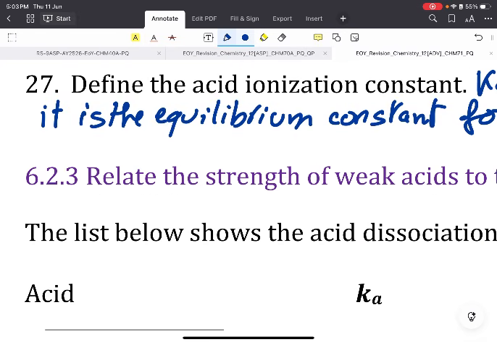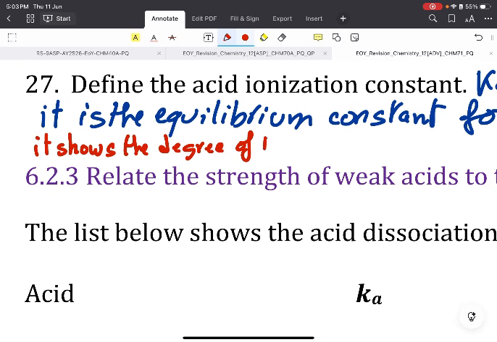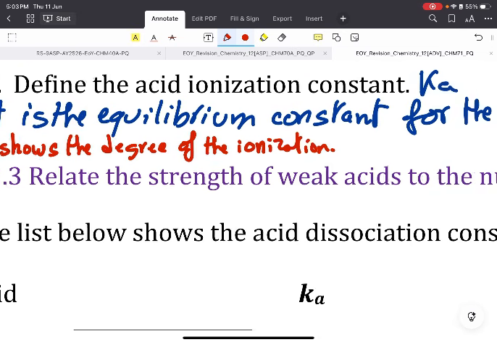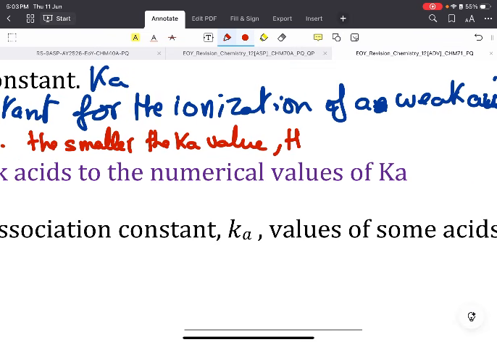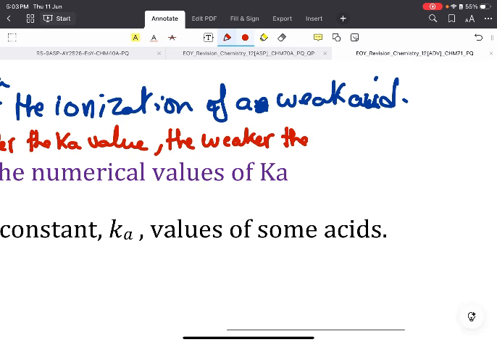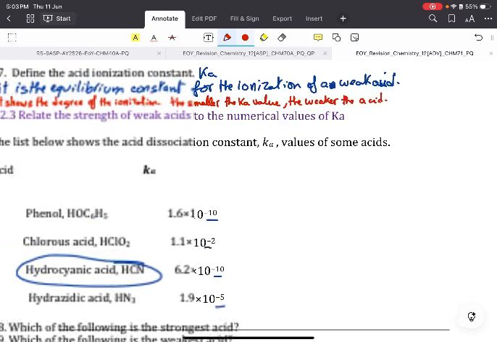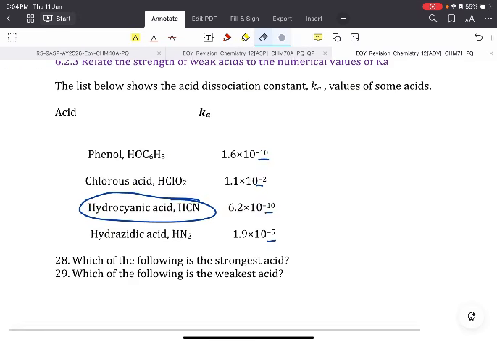It shows the degree of ionization of an acid. And what do I mean by this? The smaller the Ka value, the weaker the acid. And this leads us to this question.